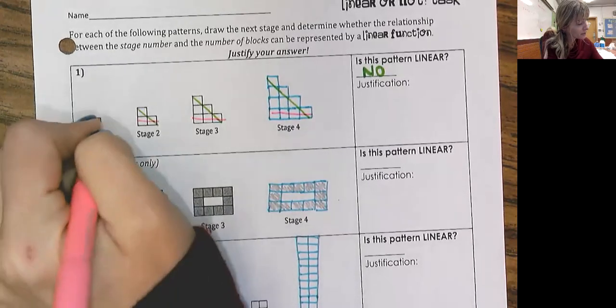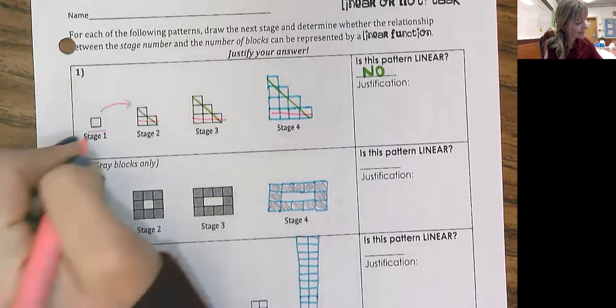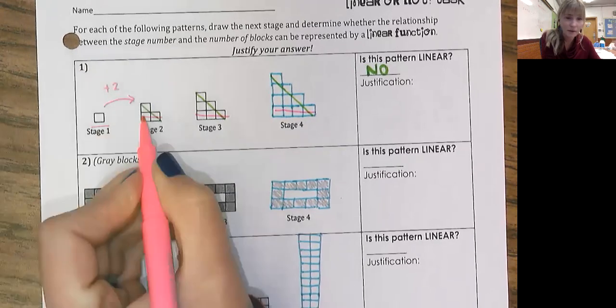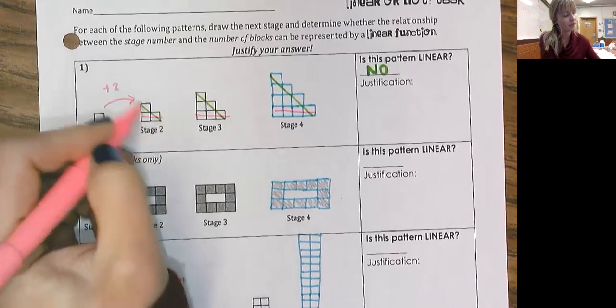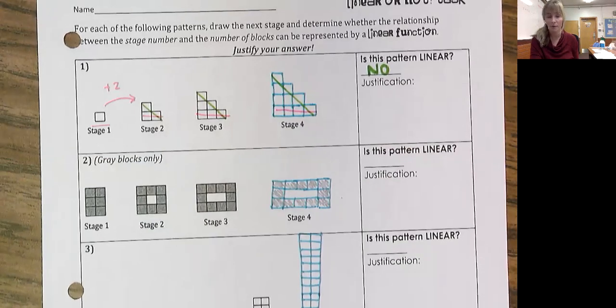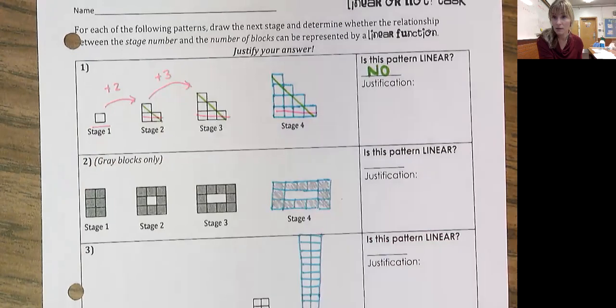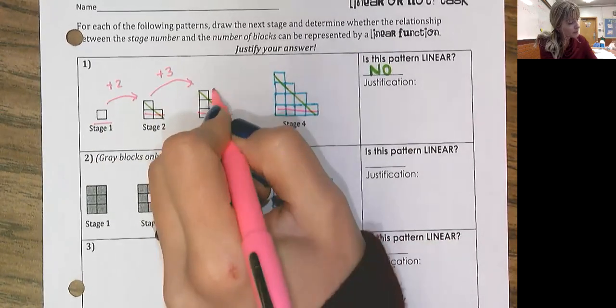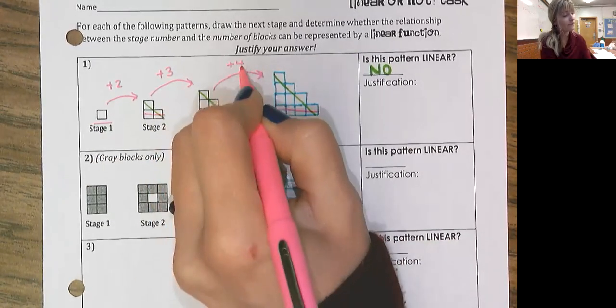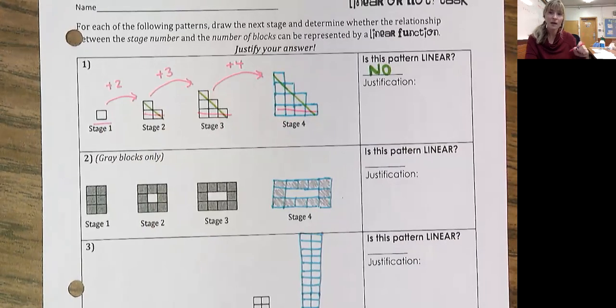As I go from here to here, I see that they have added 2 more blocks. Whether I look at it this pink way or I look at it that green way, they've added 2 more blocks to my picture. When I move from here to here, they added 3 blocks. And when I move from here to here, they added 4 blocks. That right there is precisely why this pattern is not linear.